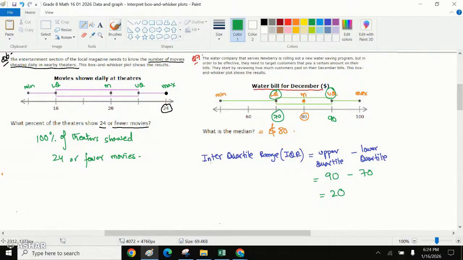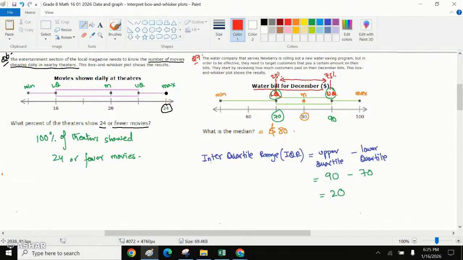Because the lower quartile is 25% and the upper quartile is 75%. So what we are saying in IQR is the bill difference between the 1/4 and 3/4 of the people is this amount.